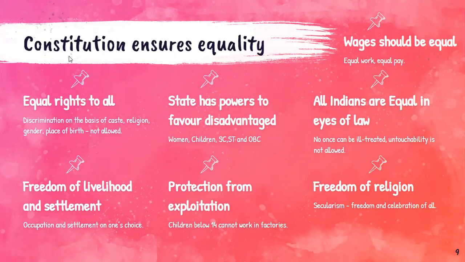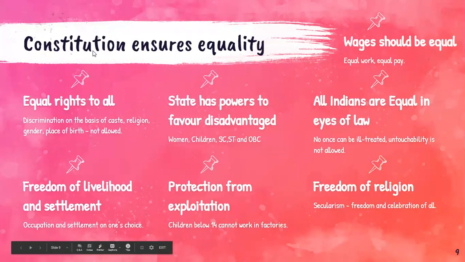Everything that happens in India, all the courts, the parliament, everything is run on the basis of our constitution. The constitution is just a book, but it is not just a book. It has the essence of everything that India stands for, and it is our constitution that ensures and guarantees equality for all of us.